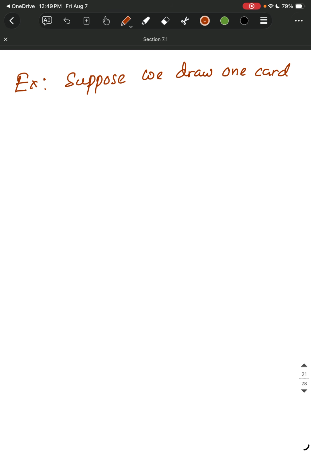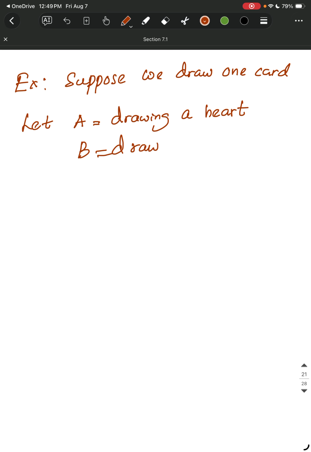Let event A be drawing a heart. Event B, drawing a spade. A single card cannot be both a heart and a spade, therefore these events are mutually exclusive.